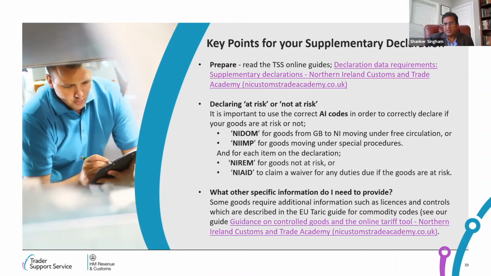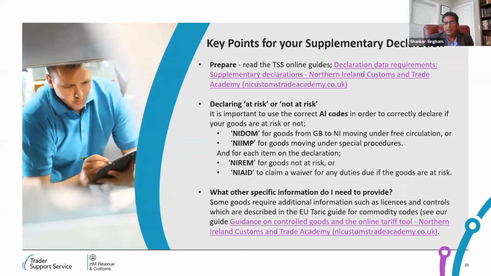NI imp is if you are moving goods under special procedures. And the other information you need, we got a guide there and a link there to Controlled Goods and the online tariff tool. So if you've got controlled goods, you're going to be needing to put additional information in terms of licenses, controls, and tariffs under the EU. And this is the EU tariff if you're at risk, that would apply.